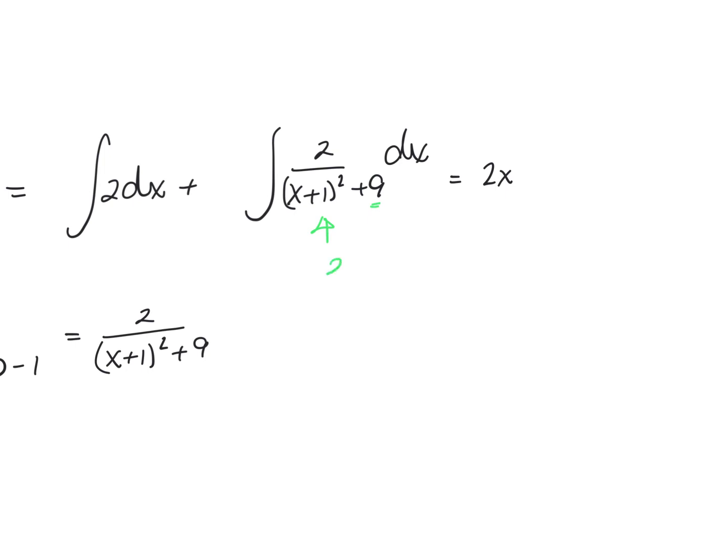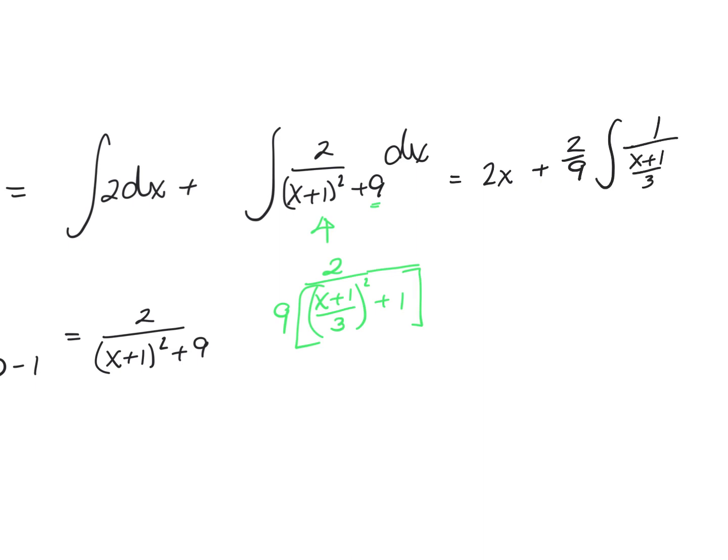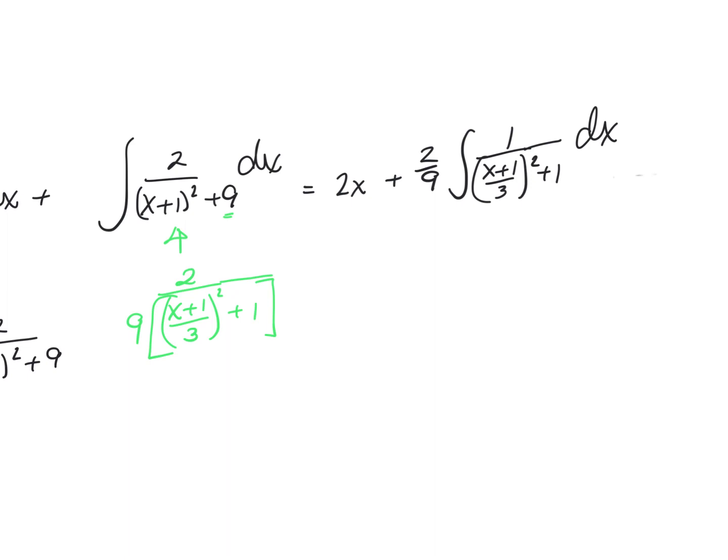So if I rewrite this as 2 over x plus 1 divided by 3, the quantity squared plus 1, and I'm going to factor the 9 out of the denominator, then I have plus 2 over 9, the integration of 1 over x plus 1 over 3, the quantity squared plus 1 dx, which looks a lot like the tangent inverse. So this is equal to 2x plus 2/3, the tangent inverse of x plus 1 over 3 plus c.